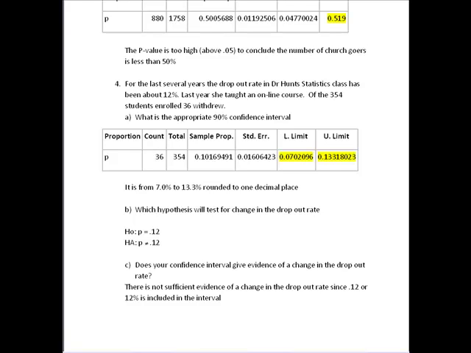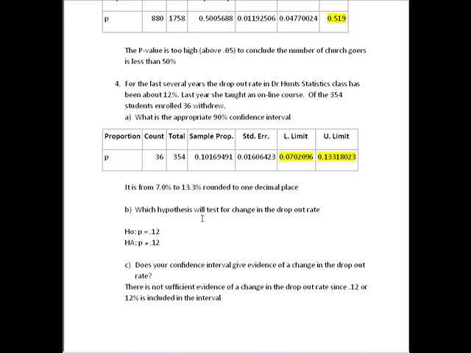Write an approximate 90% confidence interval for the percent that withdrew last year. I used StatCrunch. The number of withdrawals was 36, the sample size was 354, and the confidence interval is roughly 7% to 13.3%, rounded to 1 decimal place.